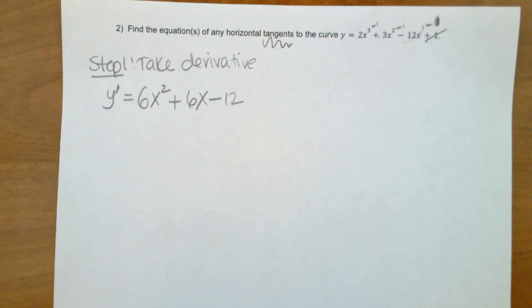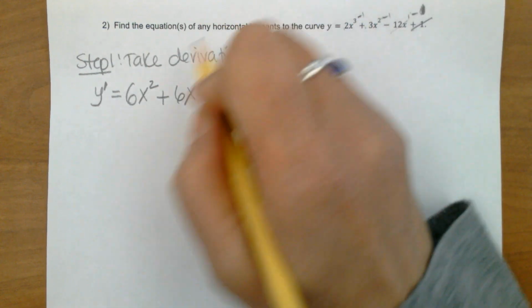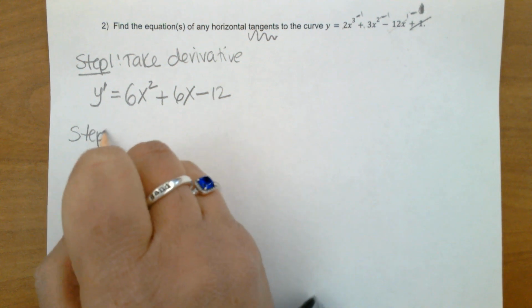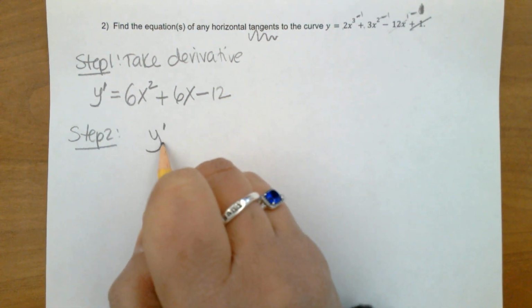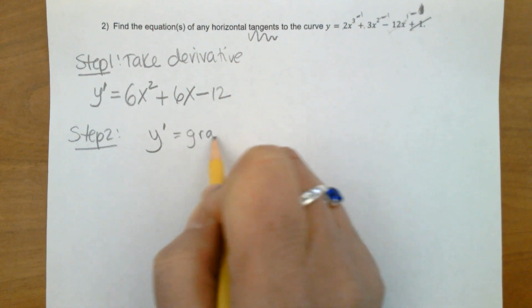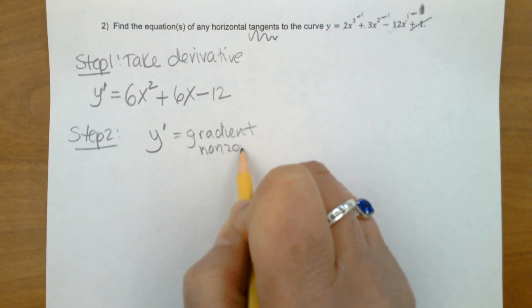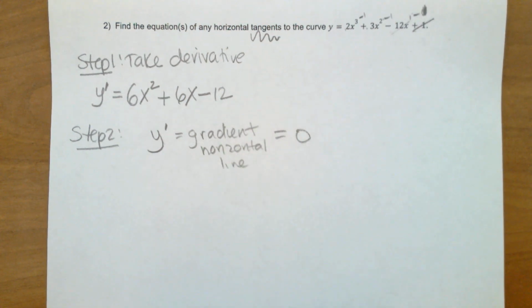Now, since we want to find horizontal tangents, I'm going to do step 2. We're going to have to use our y prime. Remember, this is the gradient, and the gradient of a horizontal line is 0.